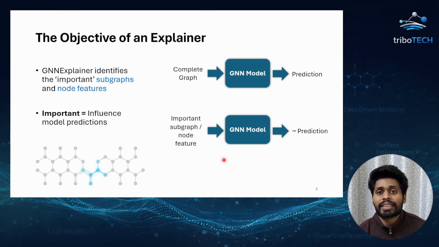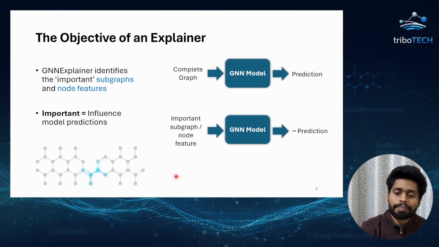They are influencing the model's predictions. They have a say in the model's predictions. Their contribution is high in the model's predictions, right? For example, if we have a molecular graph like this, this functional group could be one important subgraph in this whole graph, right?